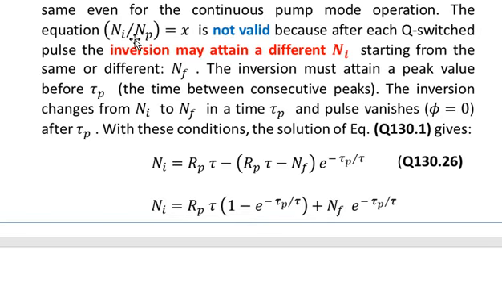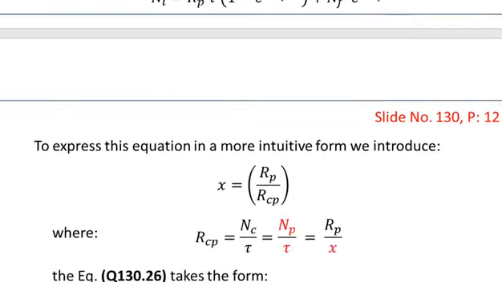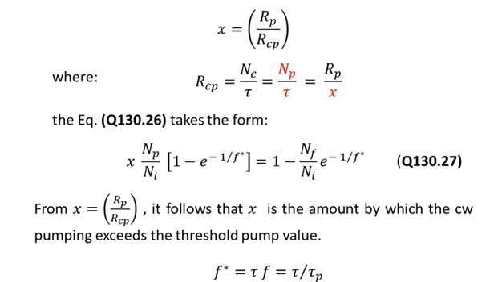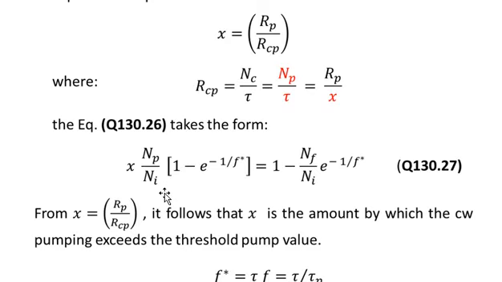So you see that Ni over Np is equal to x. This was unknown, you see. So we have found an expression for that one. That is x times Np over Ni. Within the square bracket, we have 1 minus e to the power minus 1 over f star is equal to 1 minus Nf over Ni multiplied by e to the power minus 1 over f star.